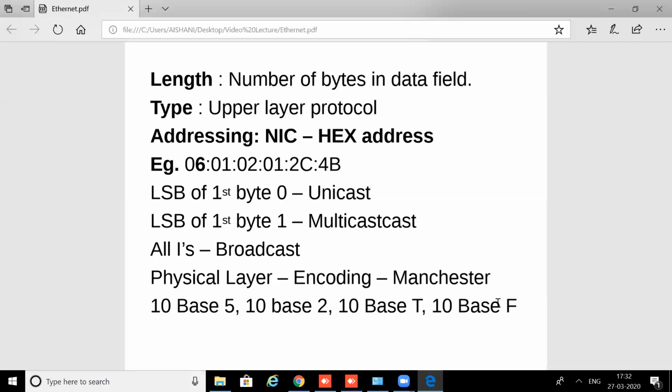After that, there is fast Ethernet, which deals with 100 Mbps speed, then gigabit Ethernet, with a speed of 1000 Mbps, and then 10 gigabit Ethernet, which deals with 10,000 Mbps speed. So that's all for Ethernet, which is a protocol used in the data link layer.